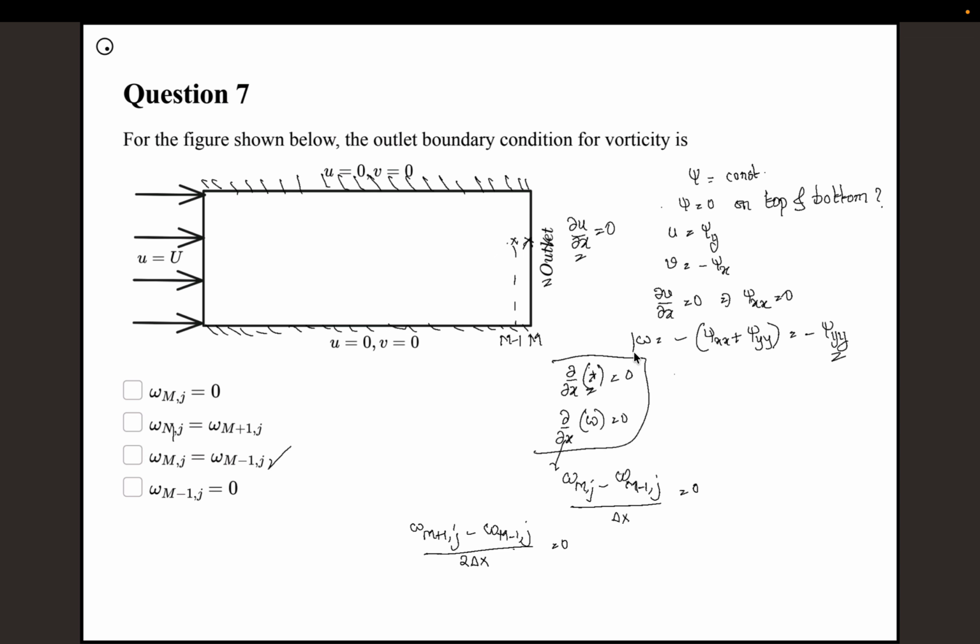So this will be the second order accurate one. If we use a second order accurate one, we have omega m plus 1 is omega m minus 1, and from there we can estimate omega mj.